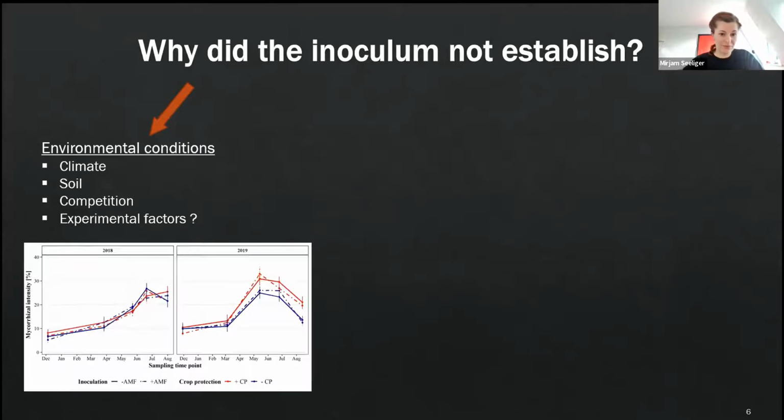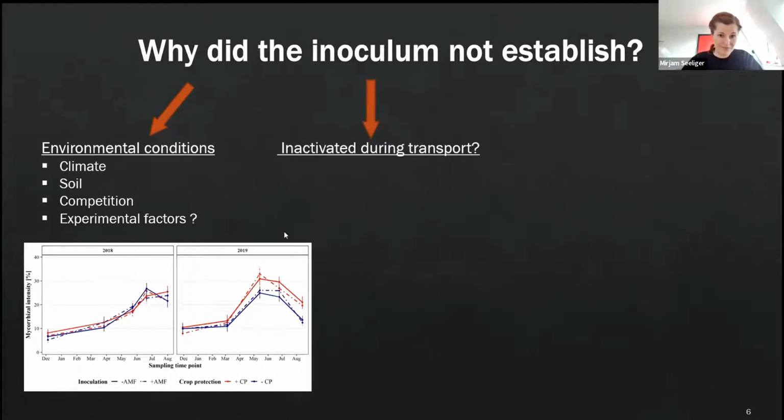For example, the crop protection treatments that we applied could have had detrimental effects on the mycorrhizae, but I already showed you the graphs from the varieties, and it looks pretty much the same with the crop protection treatments. Here we don't have big differences when we apply the pesticides or the fungicides. So this should not have hampered the inoculum to establish.